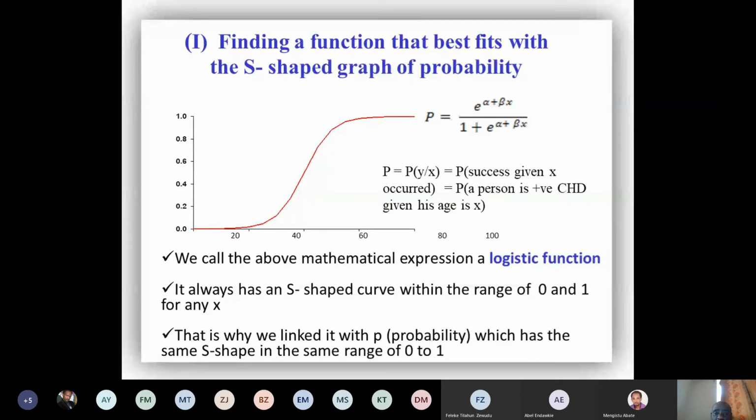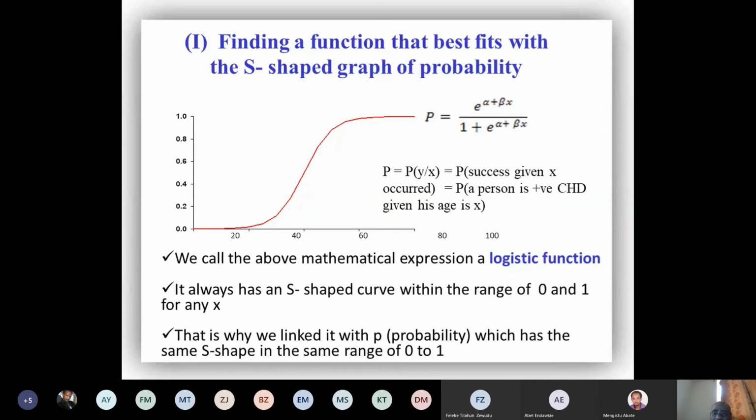So as you can see, here we have a function f of p is equal to e to the power of alpha plus beta x divided by 1 plus e to the power of alpha plus beta x. Okay, this e to the power of alpha plus beta x can be said y. So y over 1 plus y, in other words.